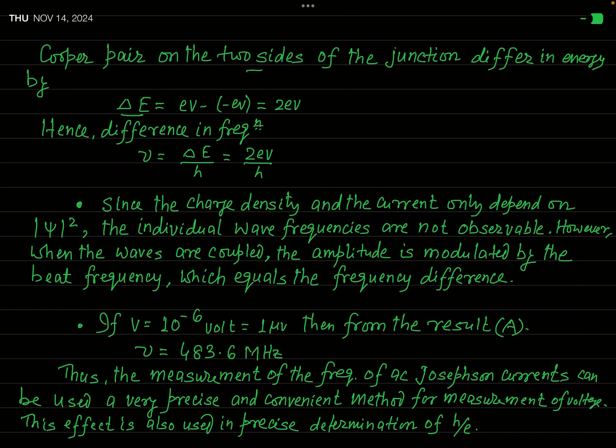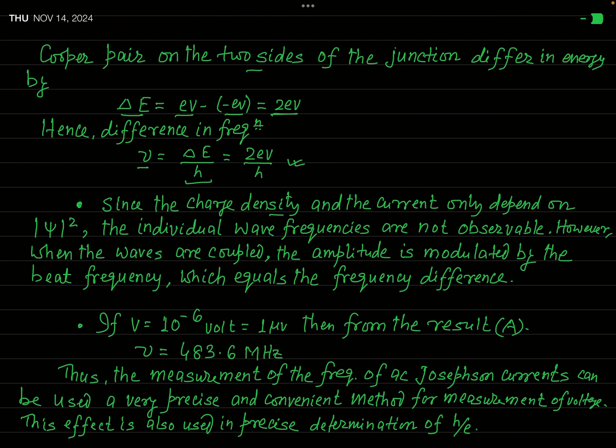Actually, EV is the potential energy of a Cooper pair on one side, and when it is on the other side there is a potential drop of V, so its potential energy will be minus EV. And so the change in potential energy of the Cooper pair is 2EV, and therefore the frequency difference will be equal to delta E over H, and that is equal to 2EV over H.